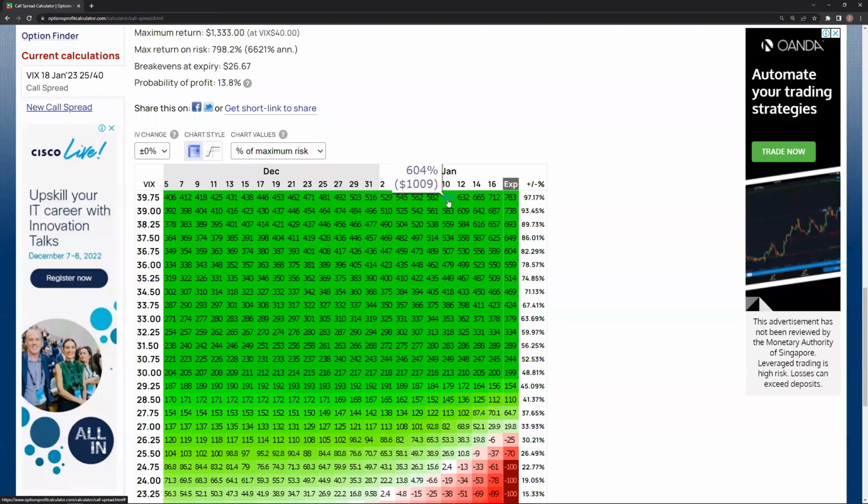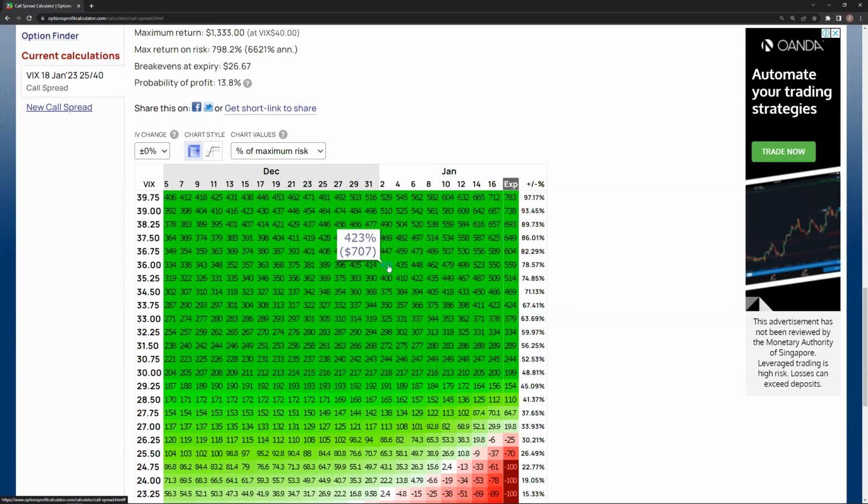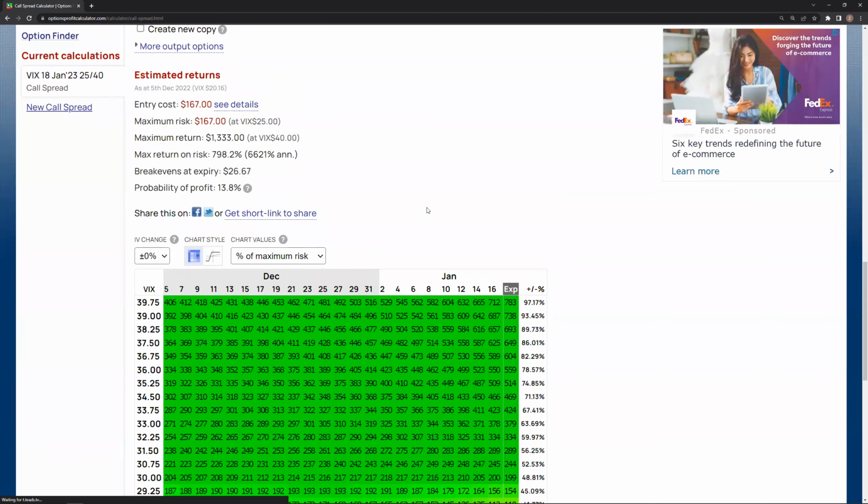Okay, these are not fixed. These are not confirmed chop numbers. These are agak-agak numbers. So what if VIX hits 36 on the 4th of January? If VIX hits 36 on the 4th of January, you are going to get a 423% return and your approximate profit is $707. That is on the risk of 167.